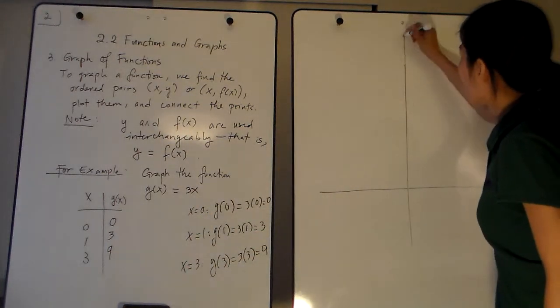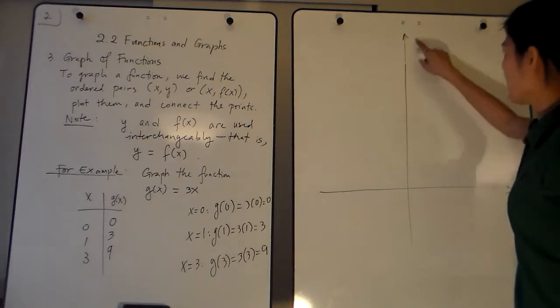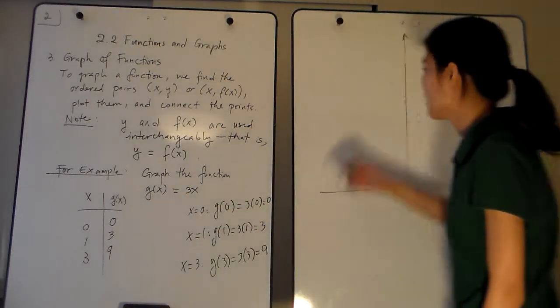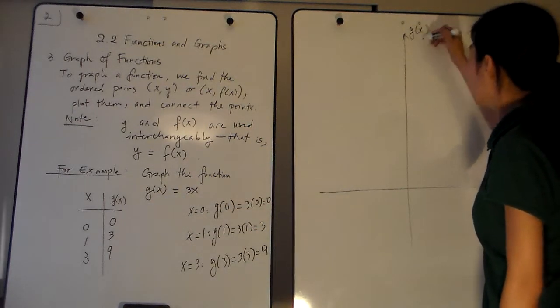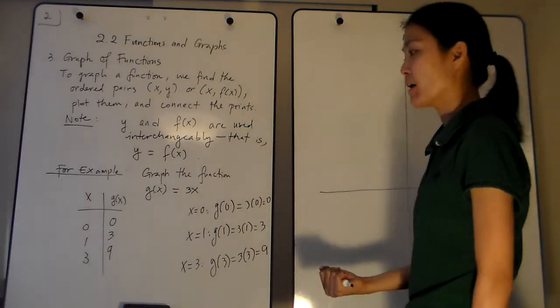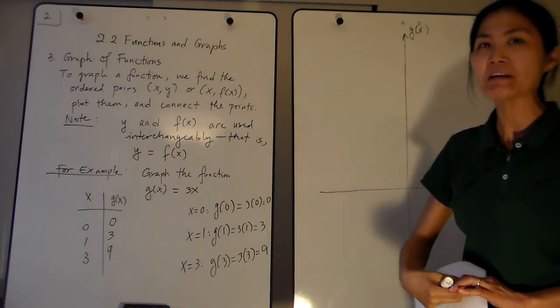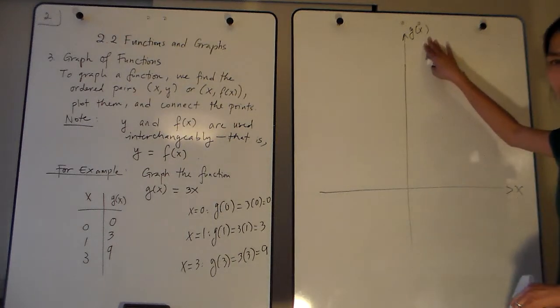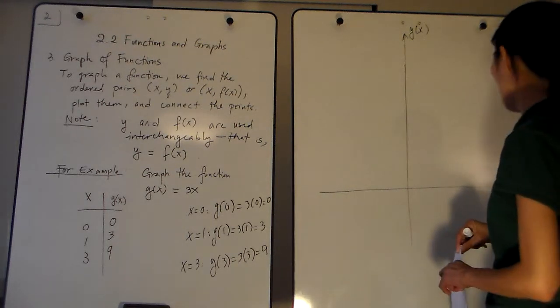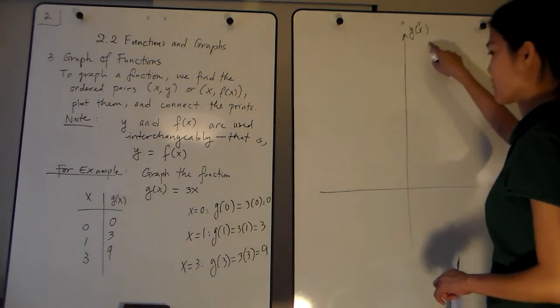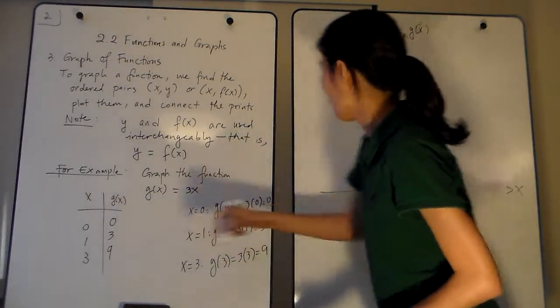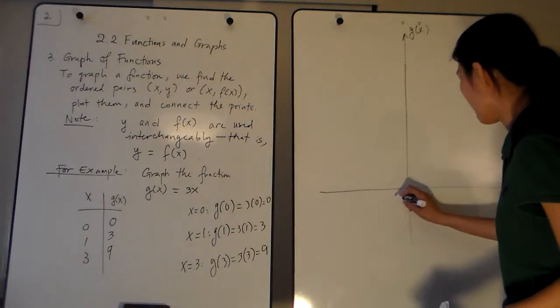This time, because we use this notation, I will label the axis g of x. It means y, the same thing, but for the purpose of learning what a function is, we use the notation g of x. So (0, 0) is right here.